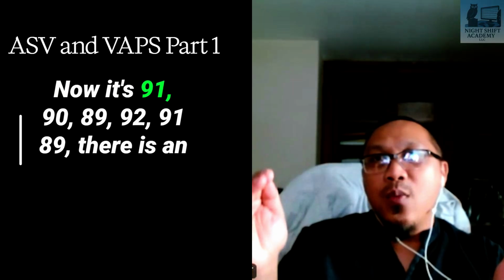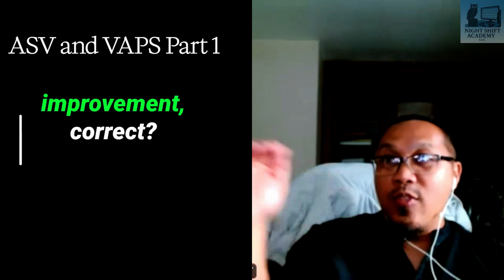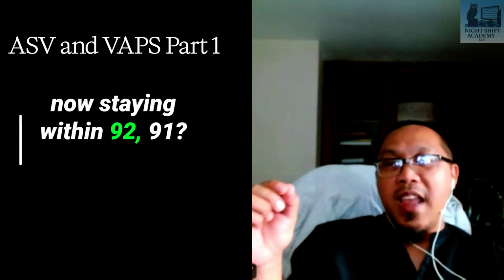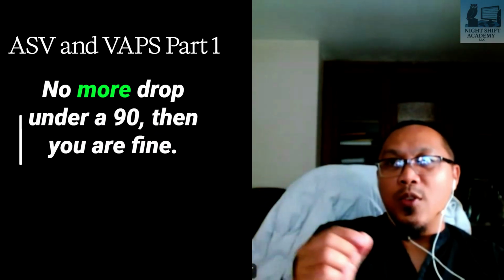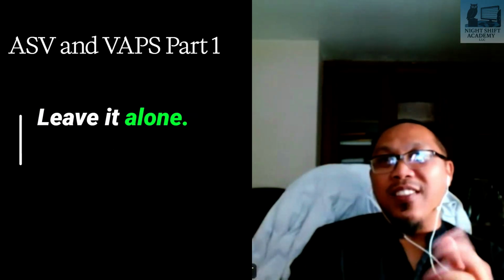Now it's 91, 90, 89, 92, 91, 89. There is an improvement, correct? So if there's an improvement, wait, give it another 10 minutes and then look at it again. Is your saturation now staying within 92, 91, no more drop under 90? Then you are fine. Leave it alone.